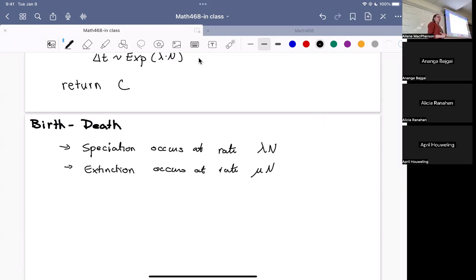And I am interested in what is the probability that the process goes extinct? So what's the probability that n will go to 0?